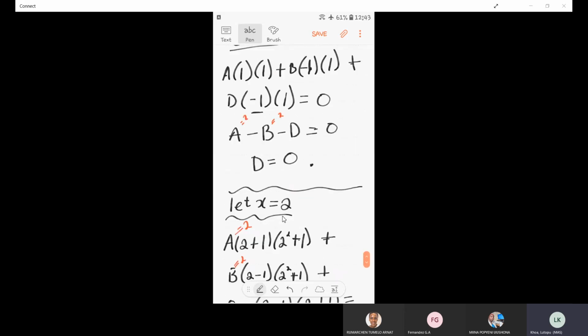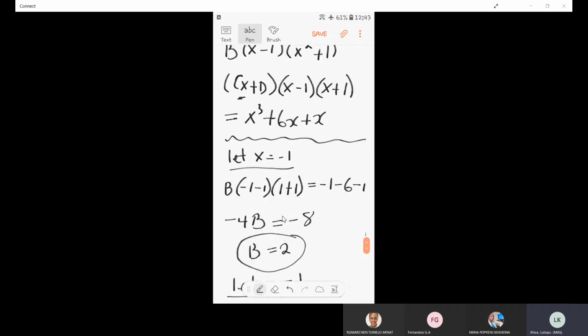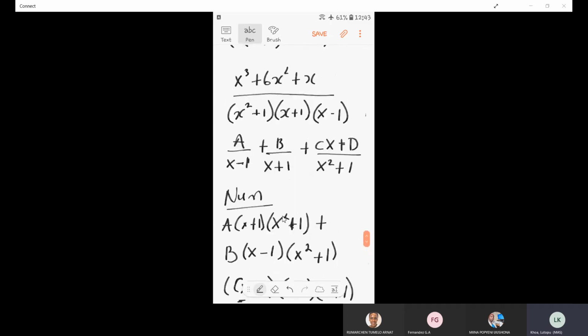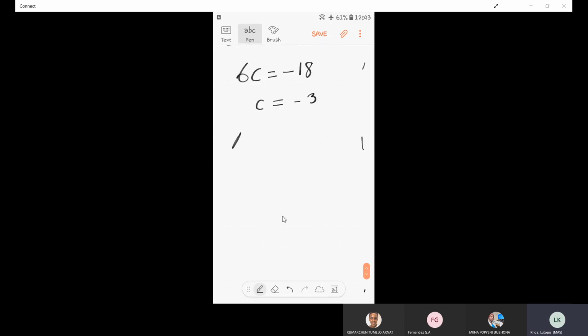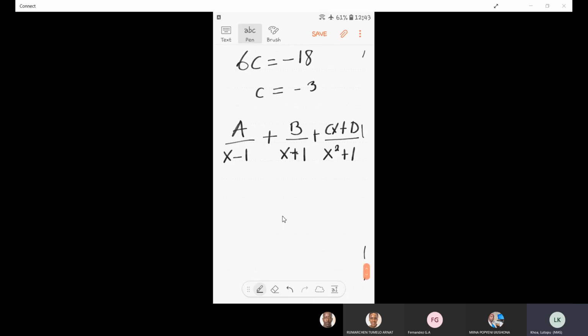So we had A over x minus 1 plus B over x plus 1, then cx plus d over x squared plus 1. Then you substitute your values.